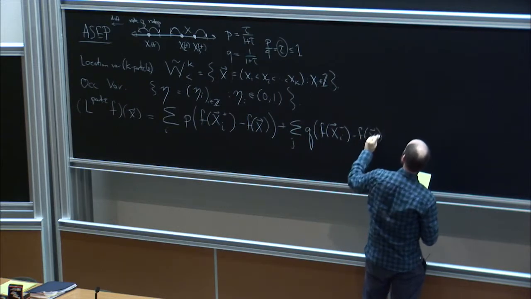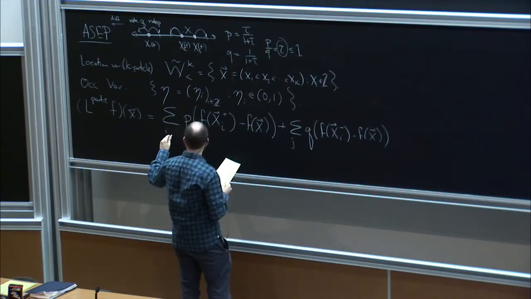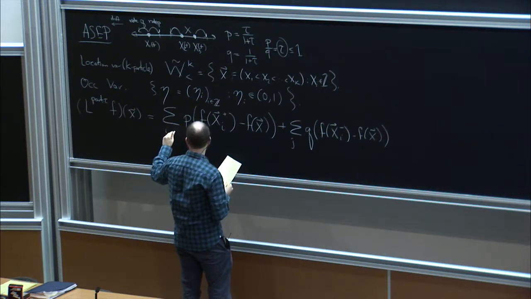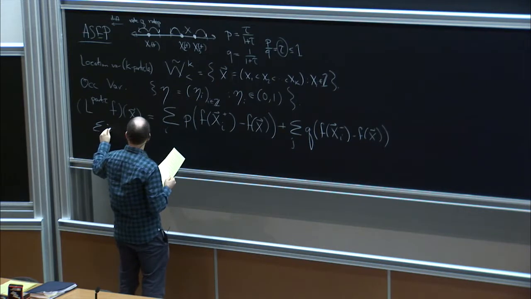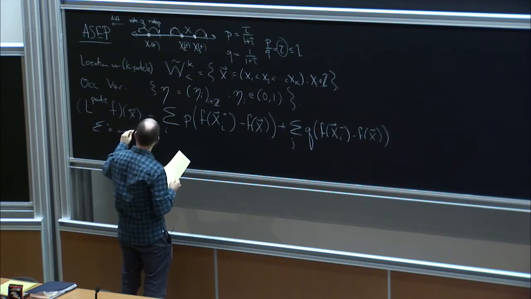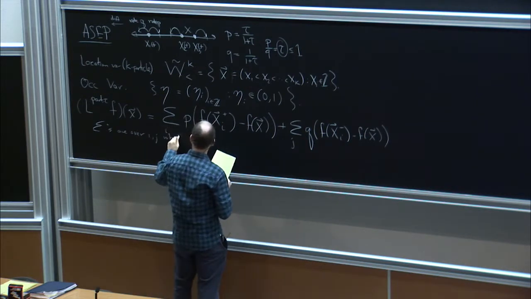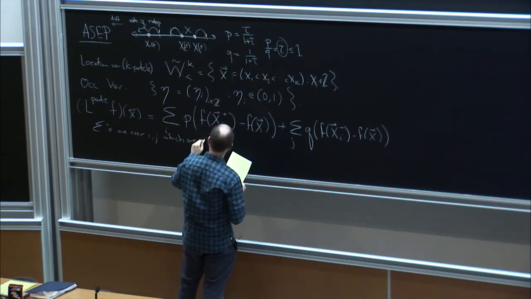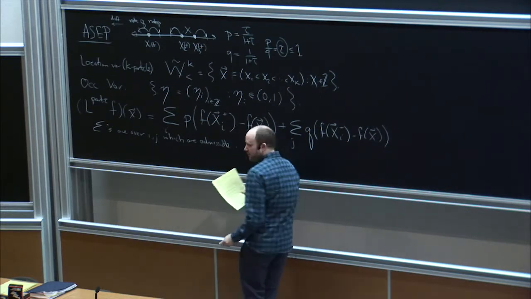Now, not every jump can occur, so I need to say that these sums are over i's and j's which are admissible. So what do I mean?